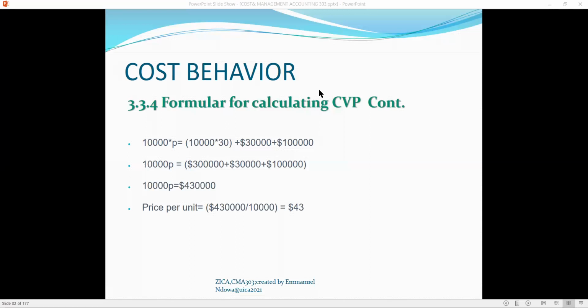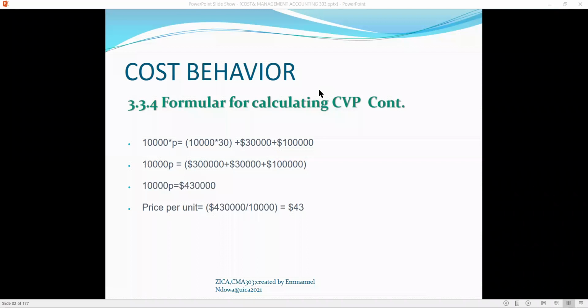So you can actually see that we have reduced the quantity from 10,000, when we were selling at 43. We can reduce the quantity of production to 4,150, change our price from 43 to 53, and we still enjoy a profit which is above 100,000.